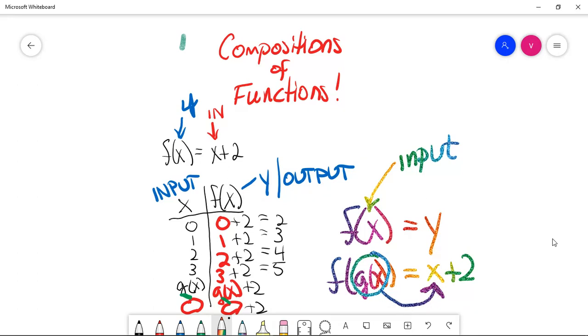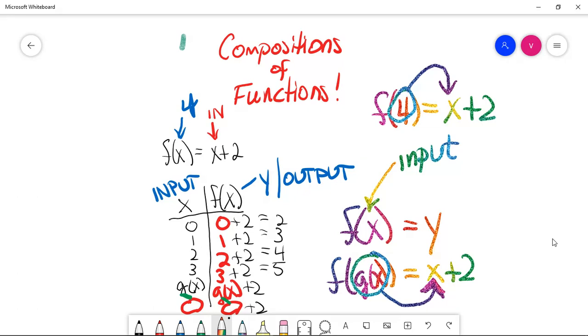This becomes your input, right? If you did f of 4, there's your function. You would take that 4 and stick it into your x. Same idea. If you have another function, you put it into the x as your input.